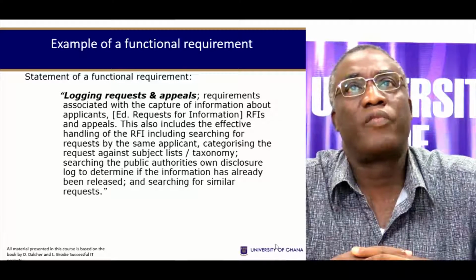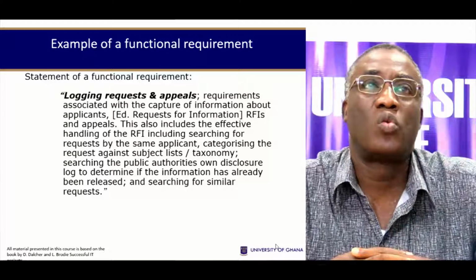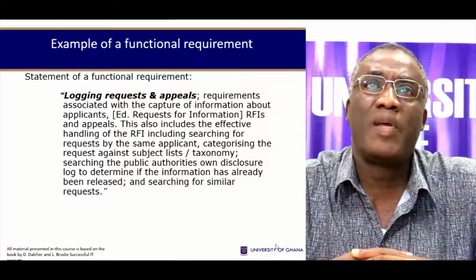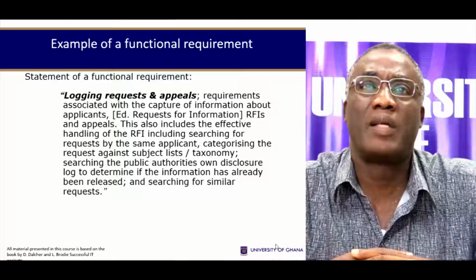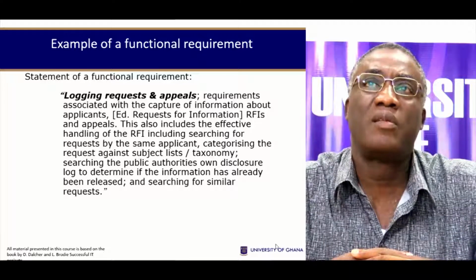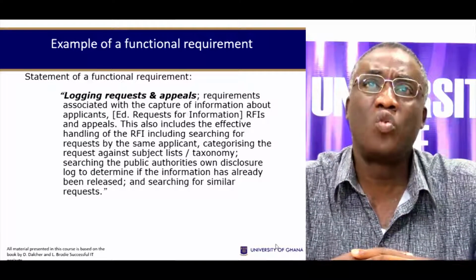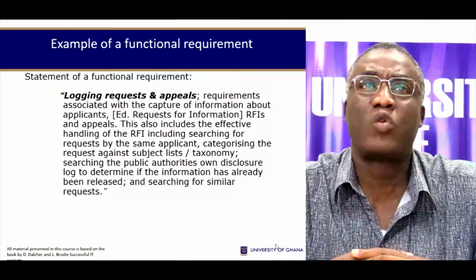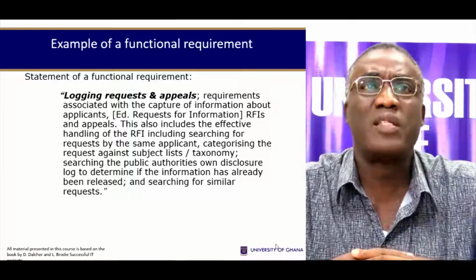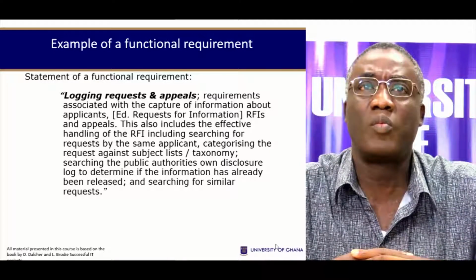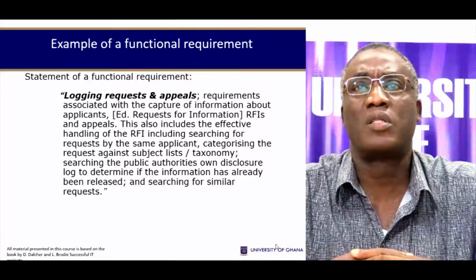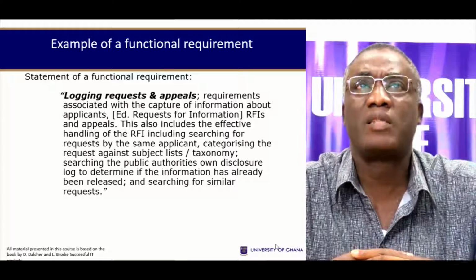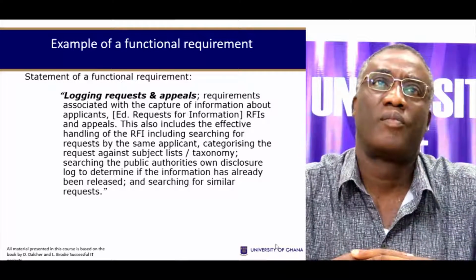Let's look at an example of a functional requirement. Logging requests and appeals. These are requirements associated with the capture of information about applicants. This includes the effective handling of the RFI, including searching for requests by the same applicant, categorizing the requests against a subject list or taxonomy, searching the public authority's own disclosure log to determine if the information has already been released, and searching for requests.